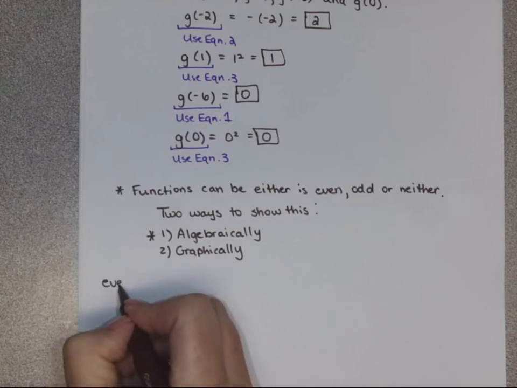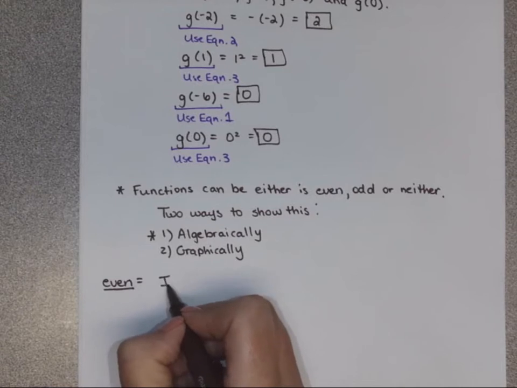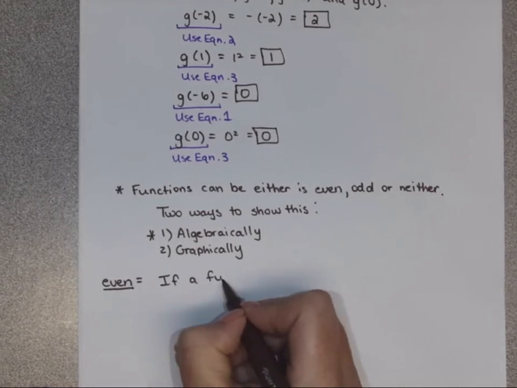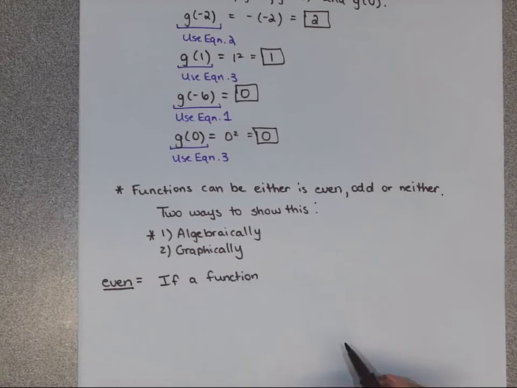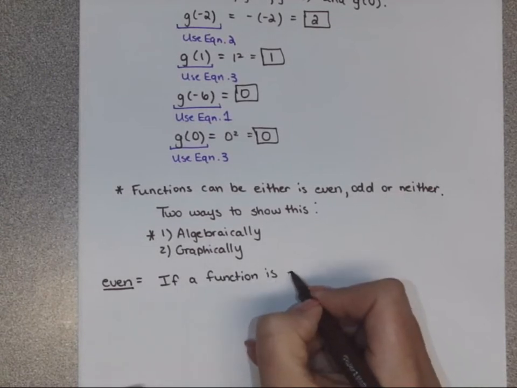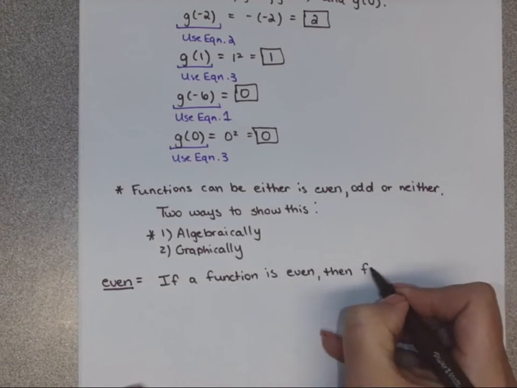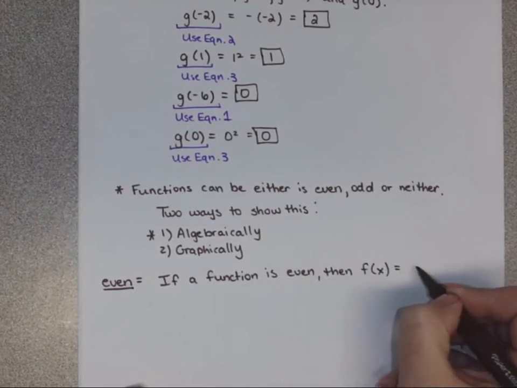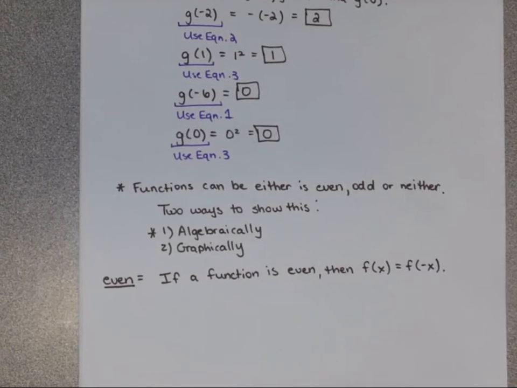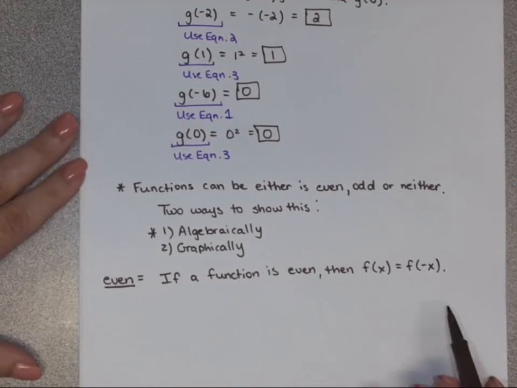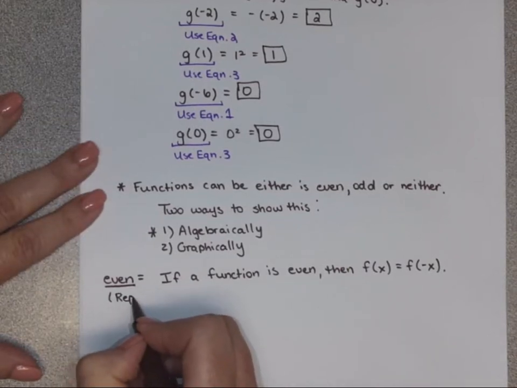Okay, so first things first, how do you tell if a function is even? It's a little bit more than you're looking for even numbers, okay? But if a function is even, then the following will be true. Your original function f of x will be the same as f of -x, okay? So this is what MATLAB / your textbook says. I like to explain it in everyday language.